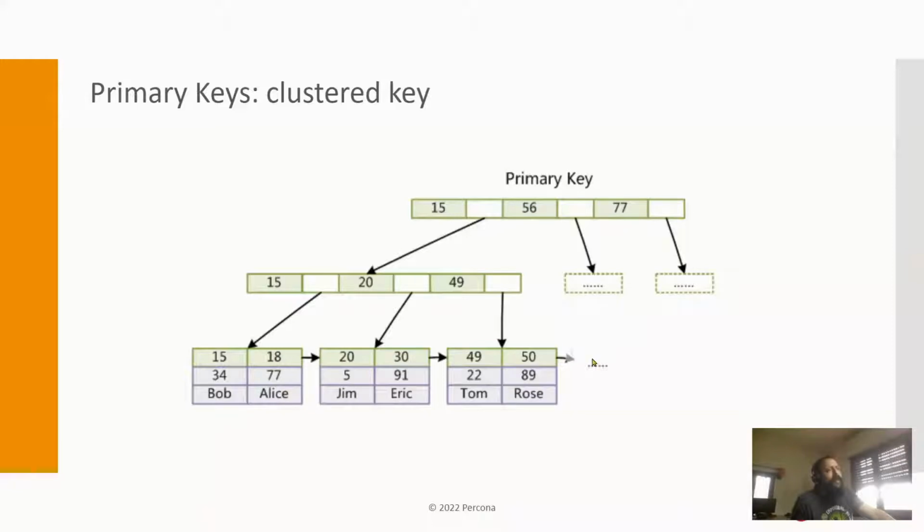So the point is that you don't have a separate storage for the row like you will have in Postgres or you will have in Oracle, I guess. The key is part of the B tree. So they are one and the same.